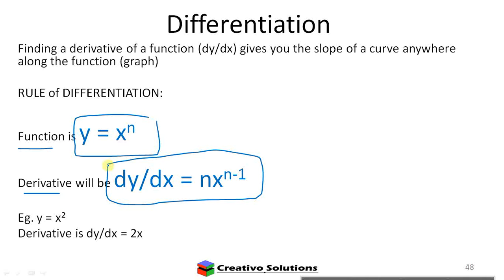Any function will have an x and an exponent. The exponent could be 1, 2, 3, 4, it could be anything. This is the general equation for the function. Does that make sense? Then write that down. The derivative will be dy over dx equals that. So this is the general equation, and that's the general function.